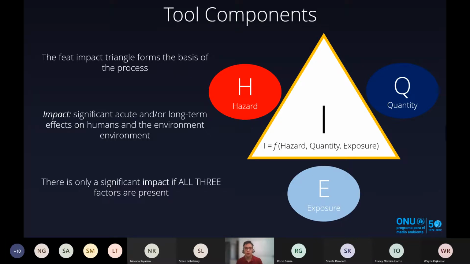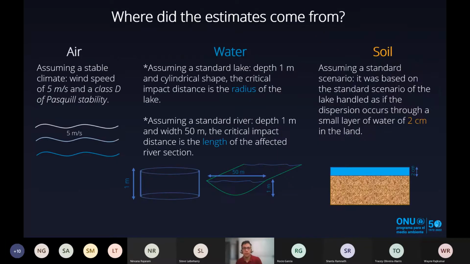So now I'm going to explain where these estimates came from. Because what the FEAT will give you are distances, numbers. It's a collection of a lot of mathematical, physical, chemical relationships and equations. After putting in two inputs, you will get a number, and those numbers came from estimates in the air, in the water, and in the soil.